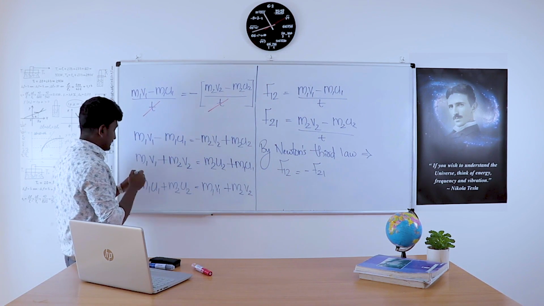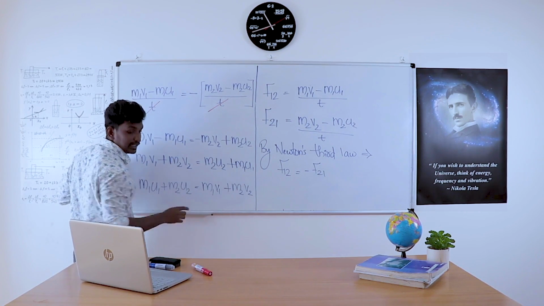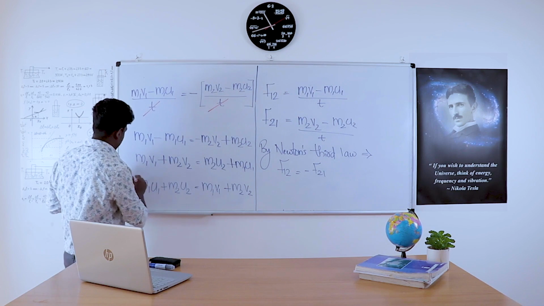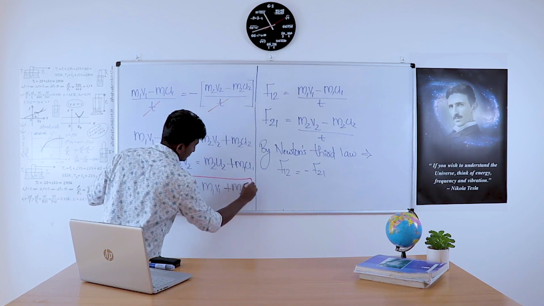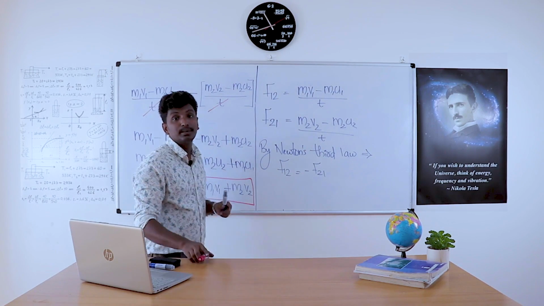I didn't make any change, just rearranging. This is written in the left side and this is written in the right side. That's all I did in this equation. Now look at this equation, m1 u1 plus m2 u2.